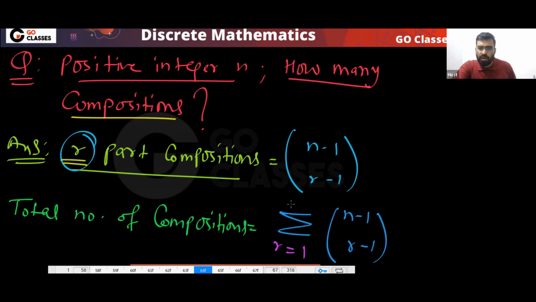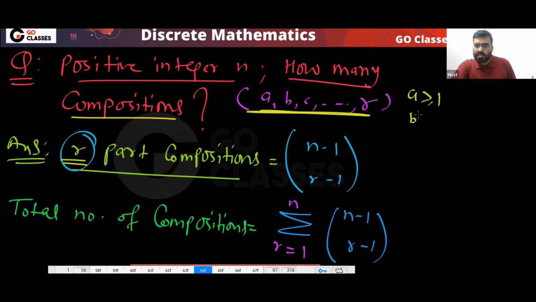This r can go from 1 to n, because everyone should be at least 1. In this composition, a, b, c, whatever composition you have, these values must be greater than or equal to 1.